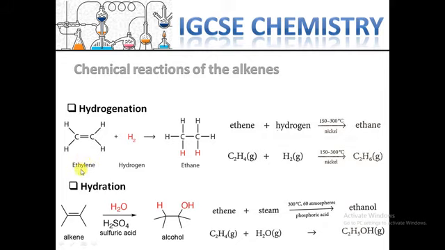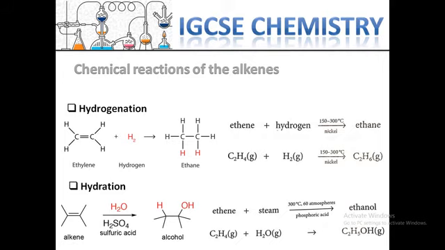This name is not correct. This is correct, ethene. This one is ethene, not ethylene. When ethene reacts with hydrogen, it produces ethane. Ethane is an alkane, and ethene is an alkene.